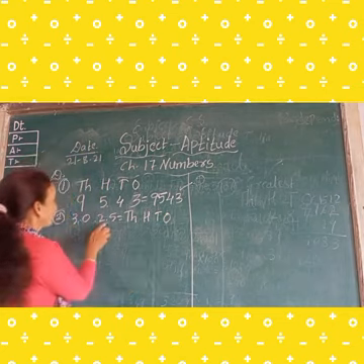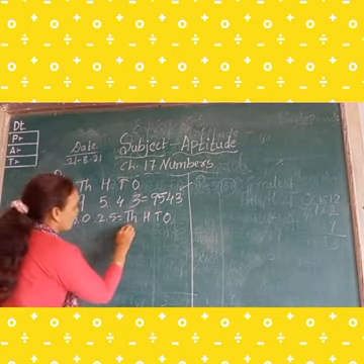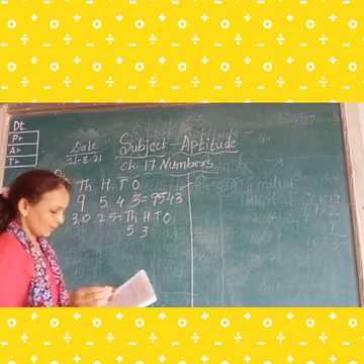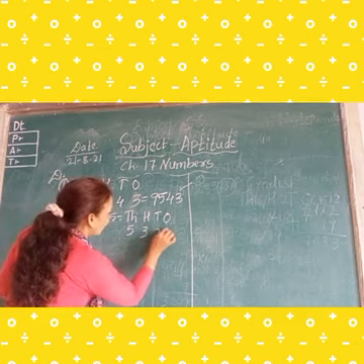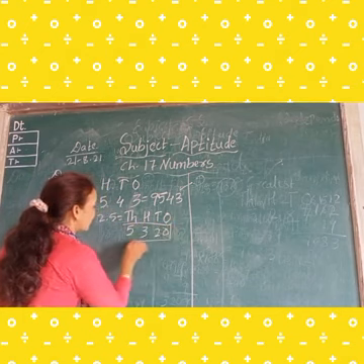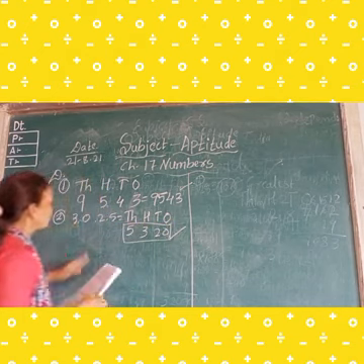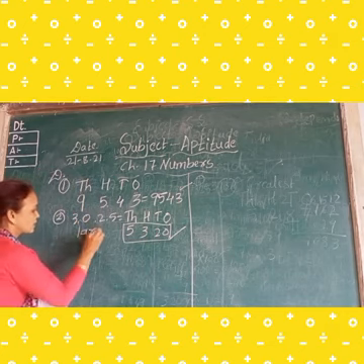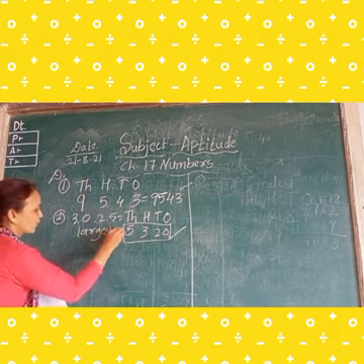Largest number means which one is large here? 5. Our answer is 5320. Using these digits, we make the largest number.